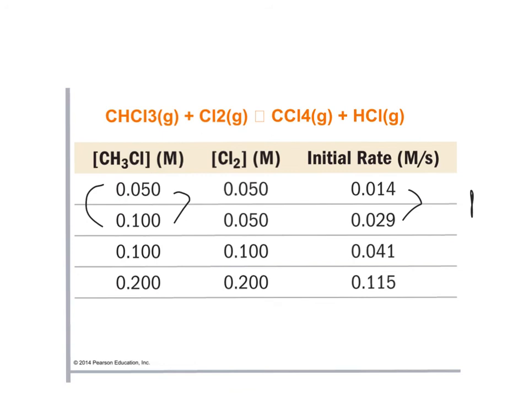So now let's look at doubling the concentration of the Cl2. We go from 0.029 up to 0.041. Again, that's not quite doubling.